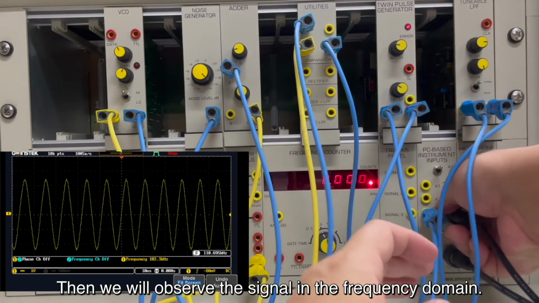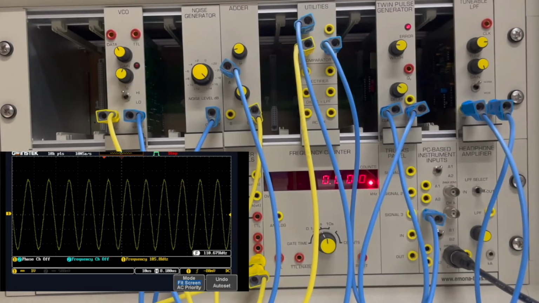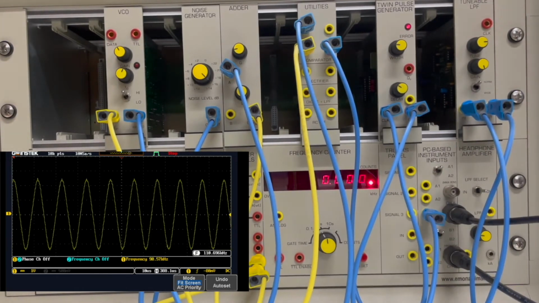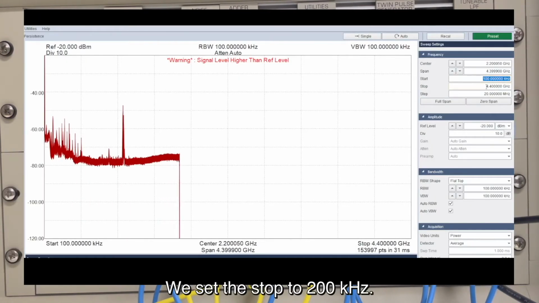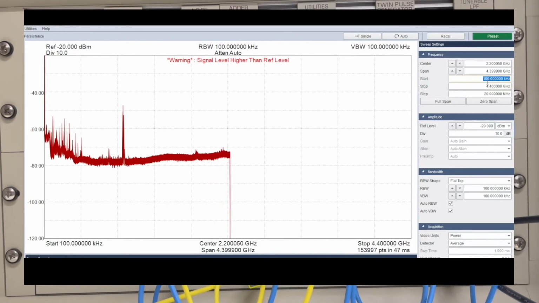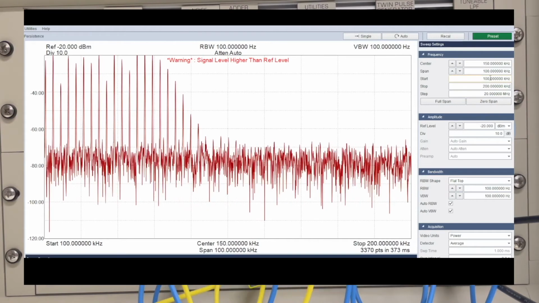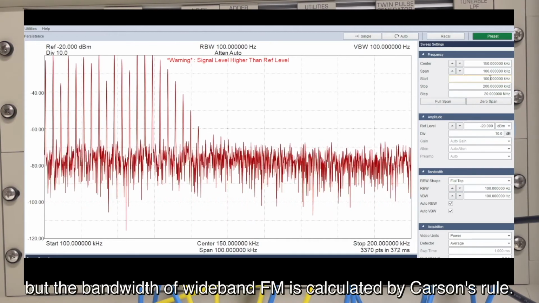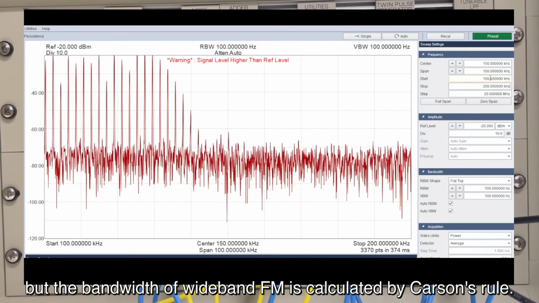Then we will observe the signal in the frequency domain. We set the stop to 200 kHz. Generally, FM signals have infinite bandwidth, but the bandwidth of wideband FM is calculated by Carson's rule.